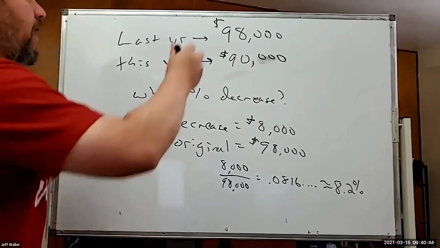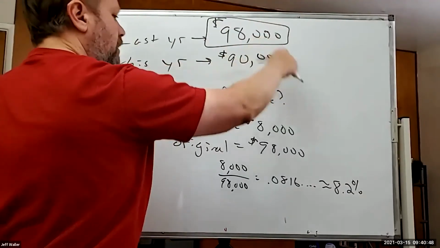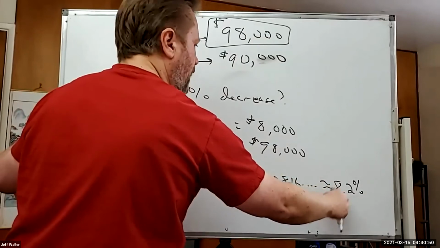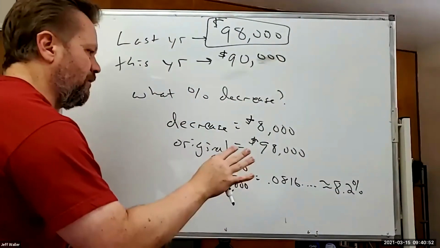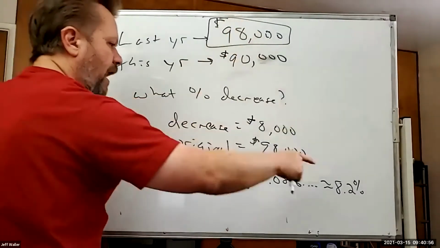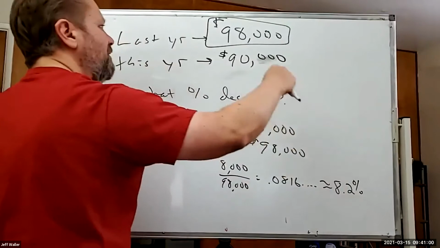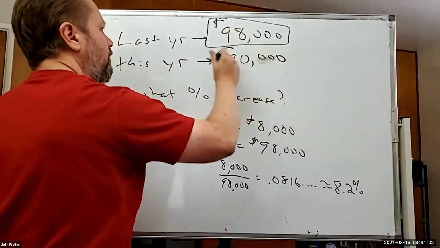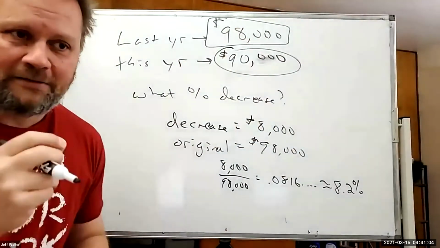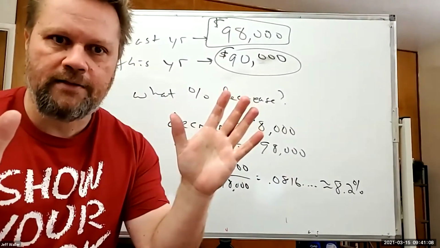Because if I said last year we made $98,000, that then decreased by, no, stay with me. 98,000 last year, that decreased by 8.2% to get to 90,000. Let me say that again. Last year was $98,000.